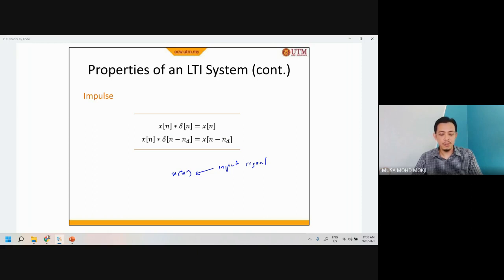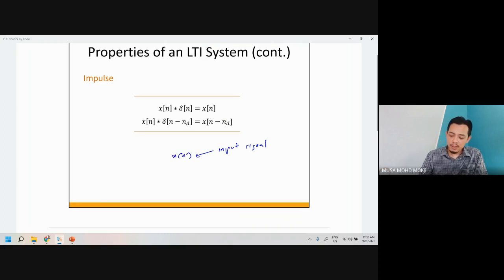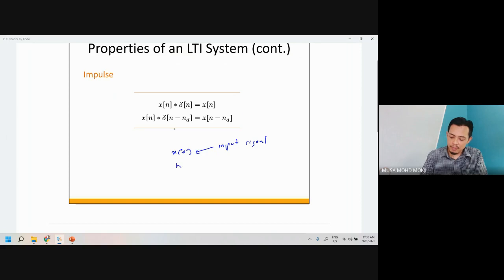Okay, so if it's not stated, xn is supposed to be the input signal. hn is what we call an impulse response. So what is the similarity of these two? And we can also have a yn.